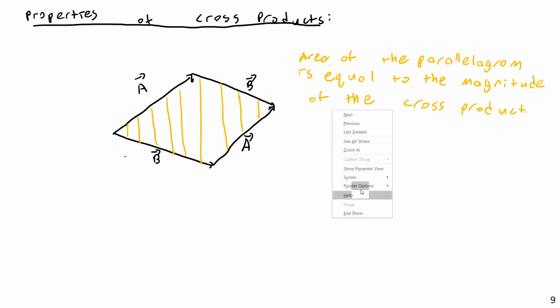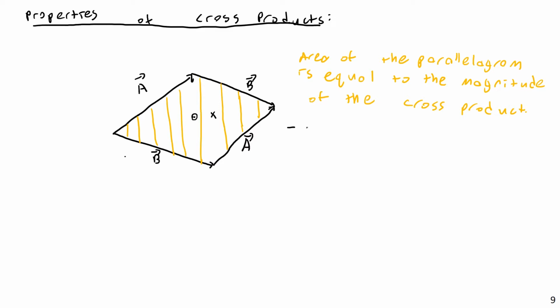And the cross product will be perpendicular to the two vectors. Its direction will usually be like into the page or out of the page, something like that. Either out of or into, but the key is it's also going to be perpendicular.